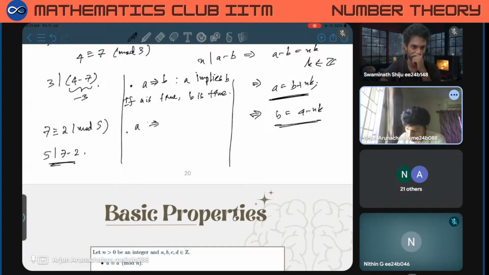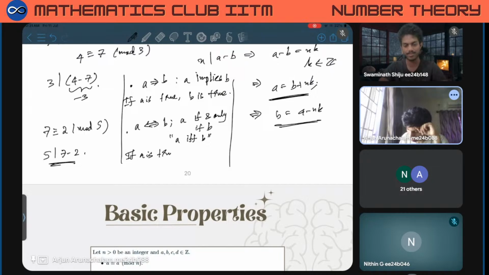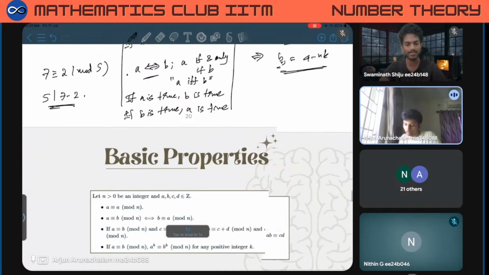This, on the other hand, let's call it a double implies, right? It is like a if and only if b, or for short, a iff b. What it means is that if a is true, b is true. If b is true, then a is also true. So this is a two-way relationship. This symbol represents a two-way relationship.